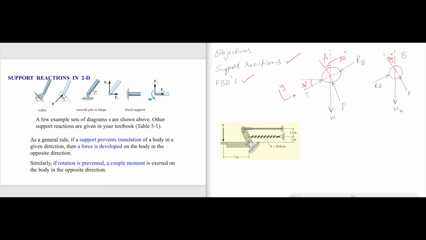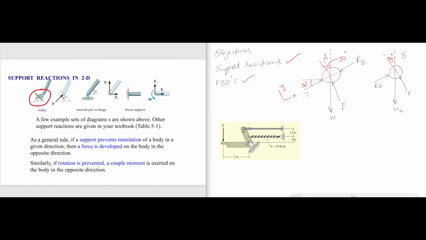That is why you have a reaction force that is perpendicular to the surface of the inclined plane. This is how we represent this support with an equivalent force here.